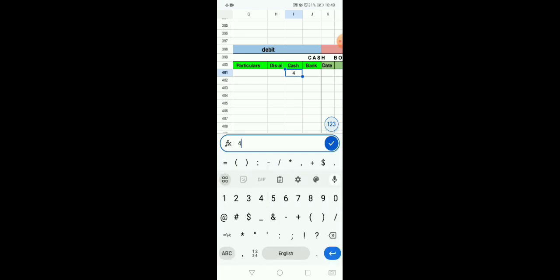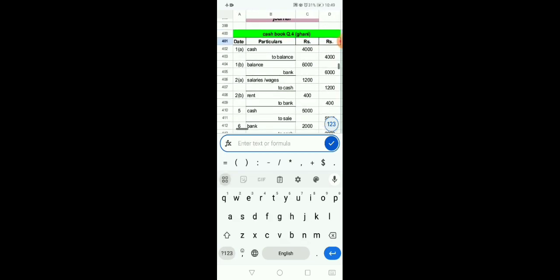All right. So in first entry we do have two elements, cash and balance, but we are associated with only cash, which is debited by 4,000. We will go to the debit side of cash and we'll write the amount which was, I think, 4,000. Okay, 4,000. After which you will be writing reference in particulars. What reference is?